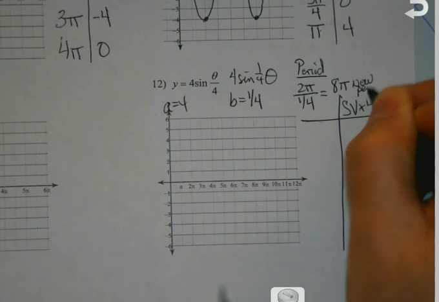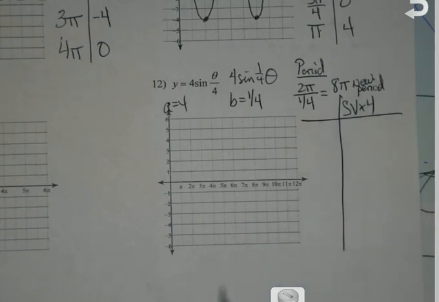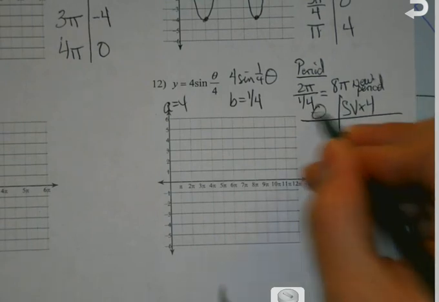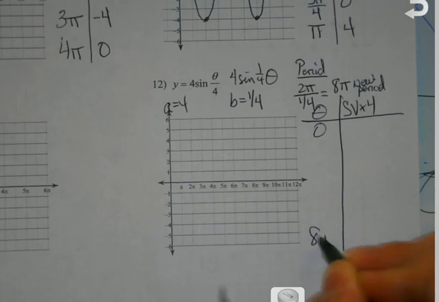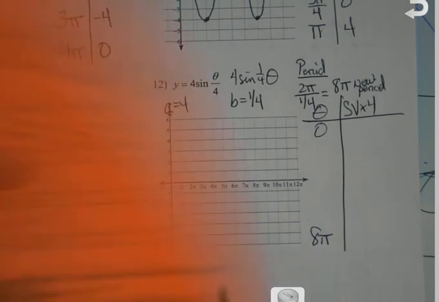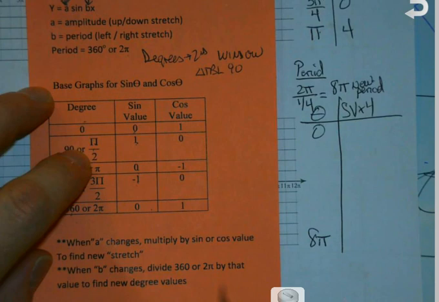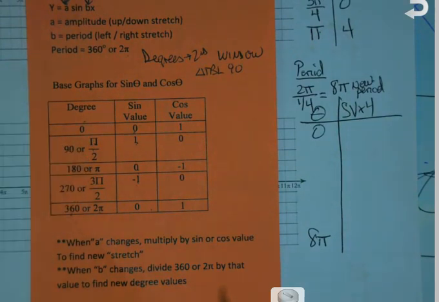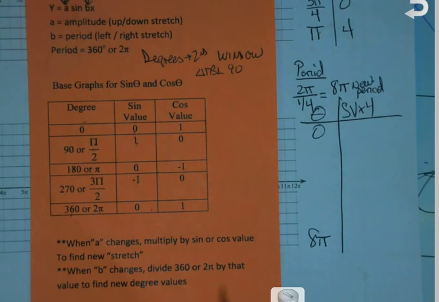And that's my new period. So I start at 0. I'm going to end at 8 pi. But again, each of my degree measures, we're going to be what? Multiplying by 4.